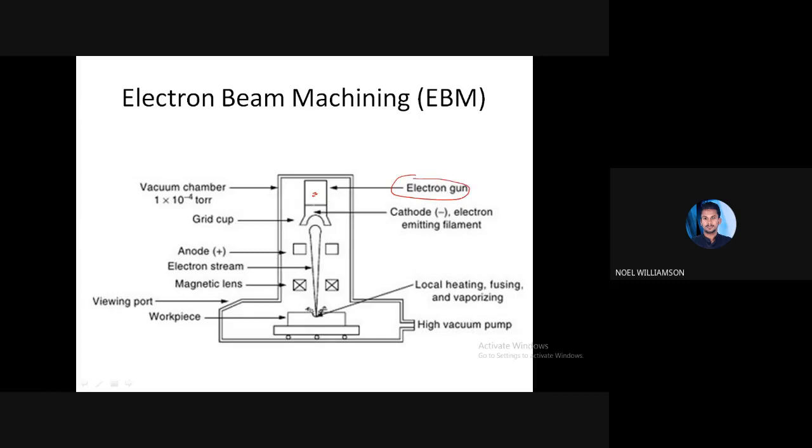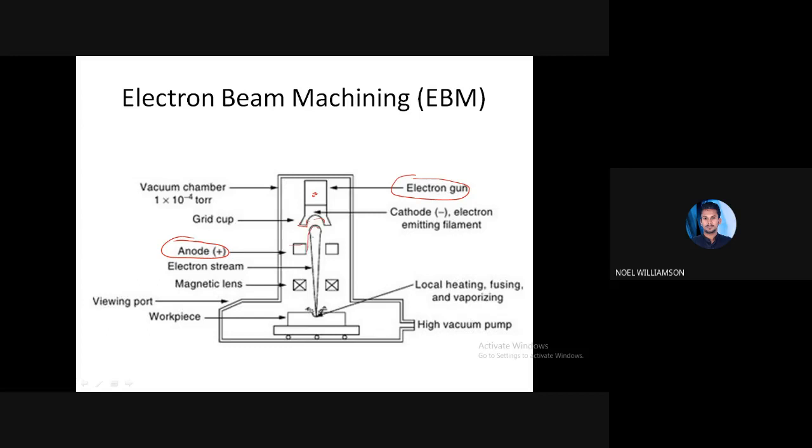This is kept as a cathode, and here you can see a grid cup. Using this cathode, a high voltage is applied, and as a result, the electrons are emitted, which are accelerated using the anode, and focused by the magnetic lens and other focusing objects.